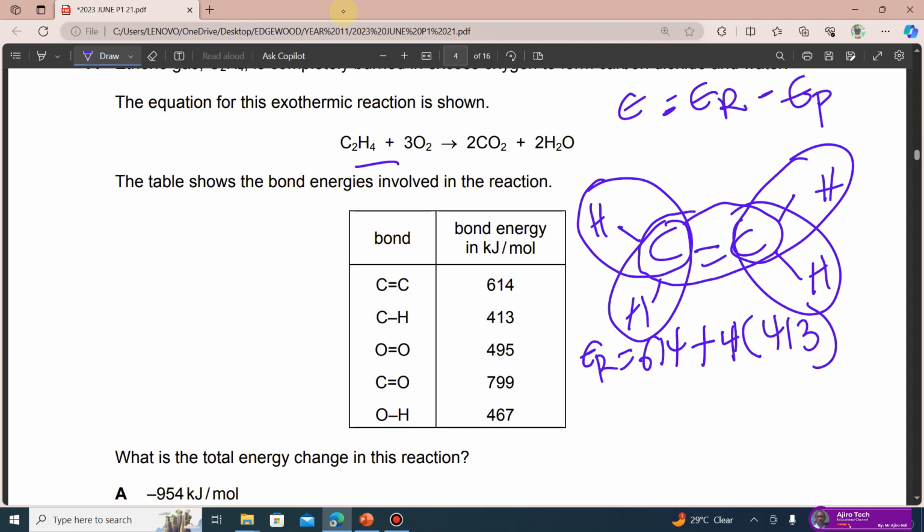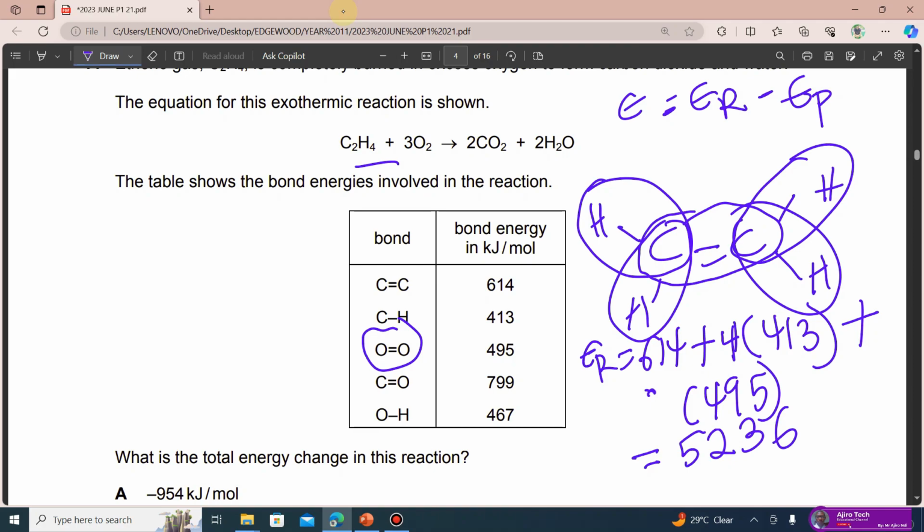Then it should be 3 oxygen double bond oxygen. When we add that up, we should not have 5236 like I earlier said. Sorry for that mistake in computing. So it's 3751, and this is the energy for the reactants.